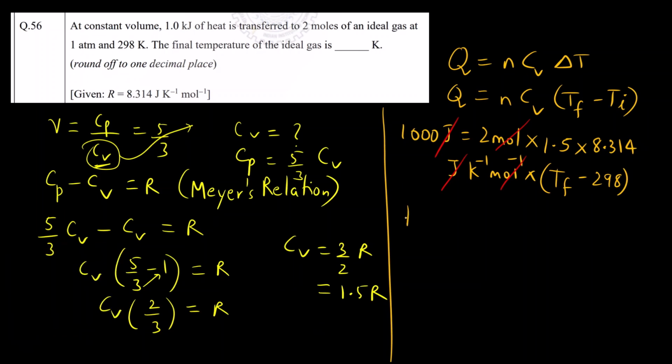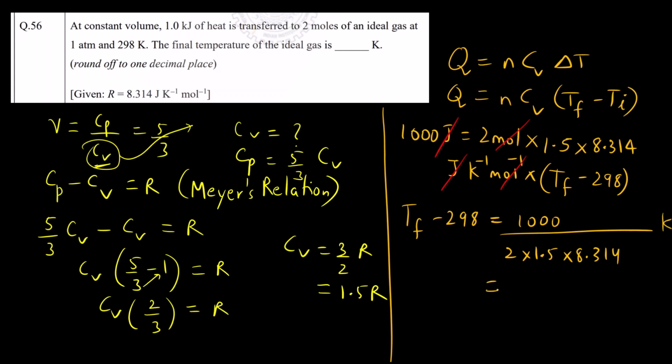So what can I do? TF minus 298 is equal to 1000 divided by 2 into 1.5 into 8.314. The unit is Kelvin. If I solve this entire thing for TF, what will I get?